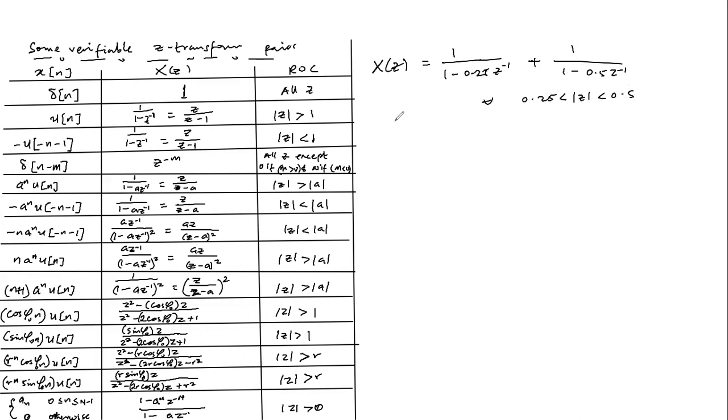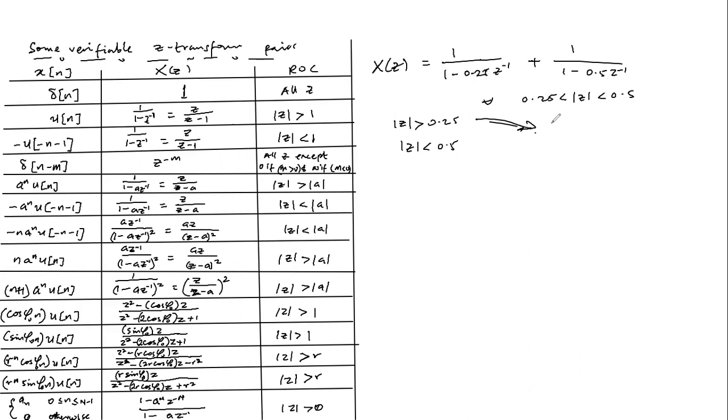So in this, it means mod z is greater than 0.25 and mod z is less than 0.5. From the transform pairs, when mod z is greater than mod a, we have a right-sided signal, because this is of the form 1 over 1 minus a z to the power of minus 1, for which a is 0.25.